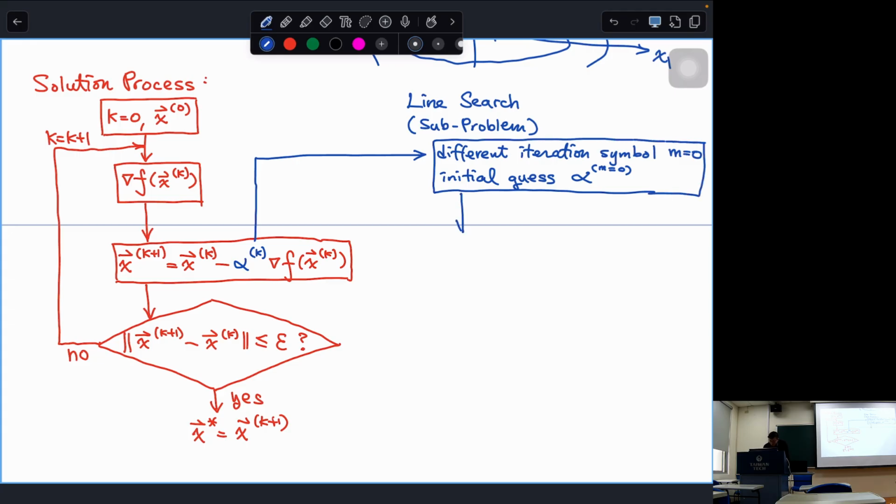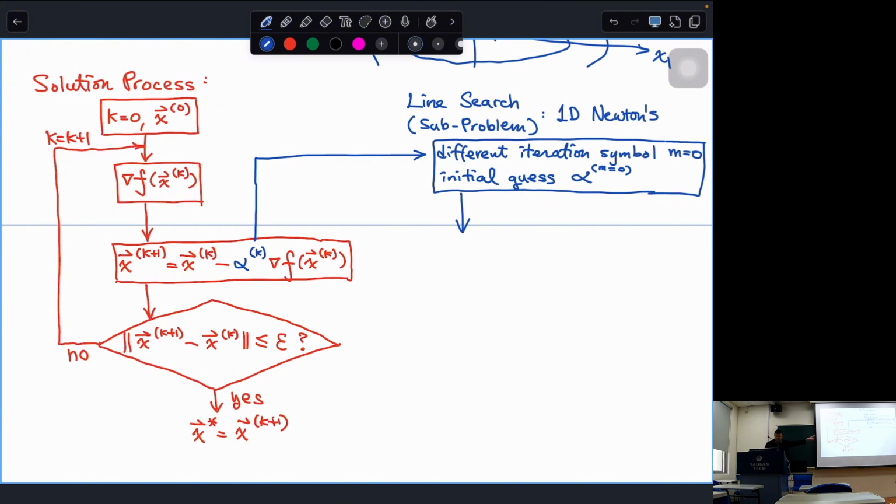Okay? So right here in the subproblem, how I am solving this problem, I will actually use one-dimensional Newton. Why am I using one-dimensional Newton's method?